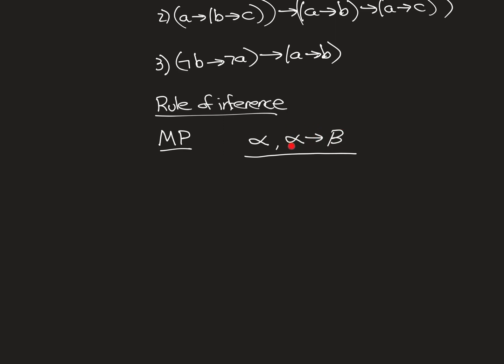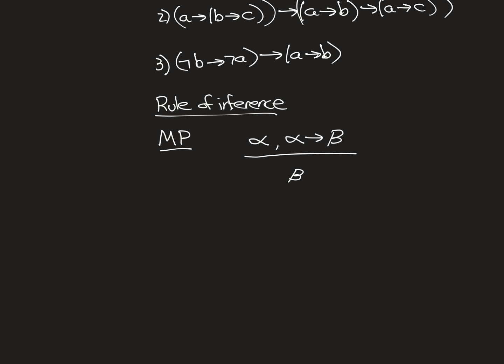So its outermost form has to be an arrow structure, and the antecedent has to be your alpha, and only then will it actually spit out an output. So if you have alpha and you have alpha implies beta, you can get beta from that.